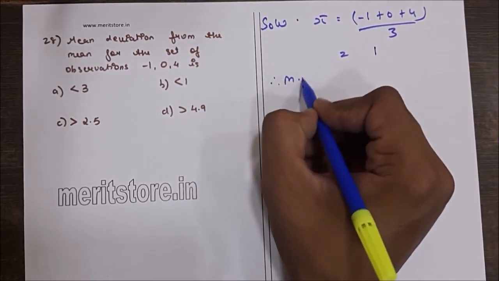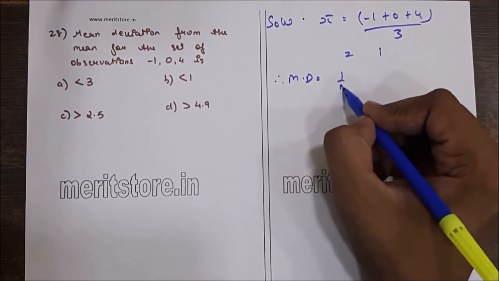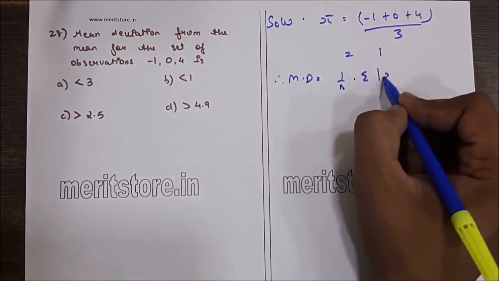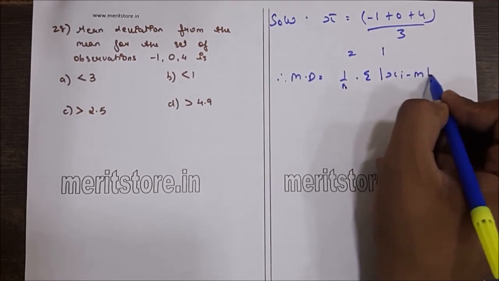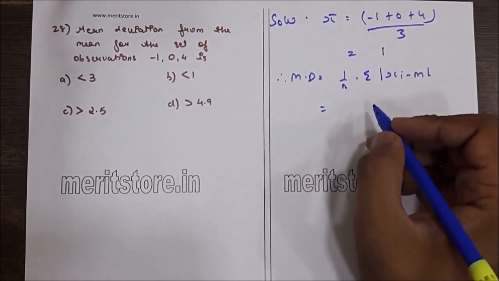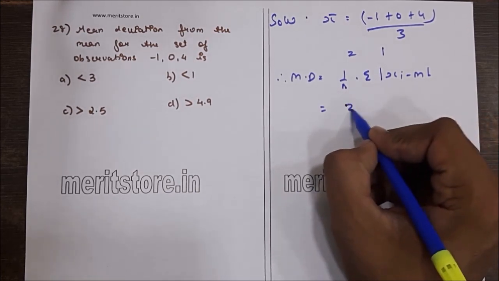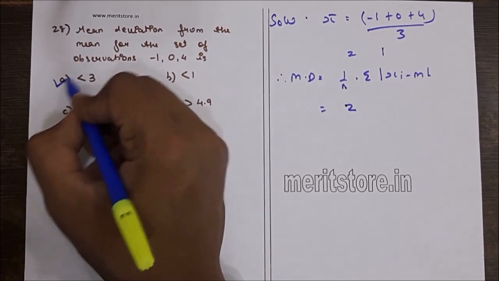Therefore mean deviation is equal to 1 by n into summation of mod xi minus x bar. By substituting the values we get the answer as 2. Therefore option A is correct.